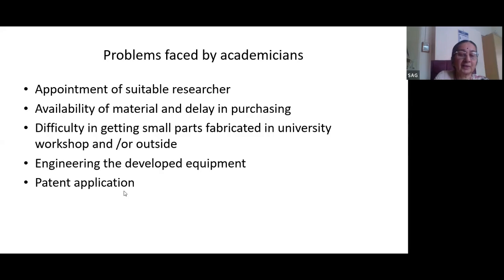We do not have sufficient funds to do that. So these are some of the problems we face, and therefore, though we start the topic very timely, we cannot end it in a successful product in the market.